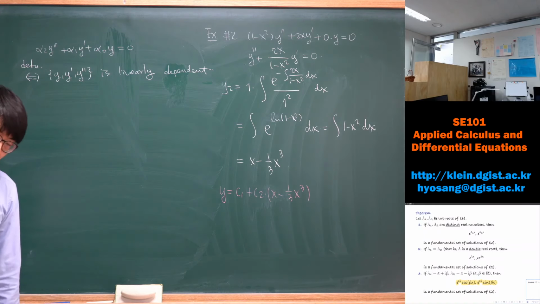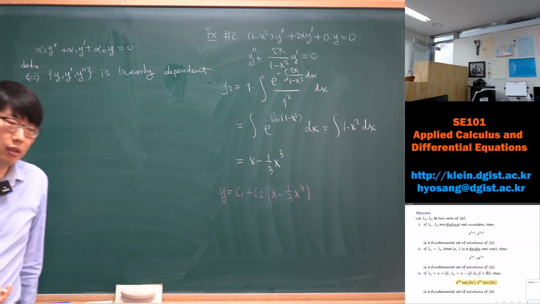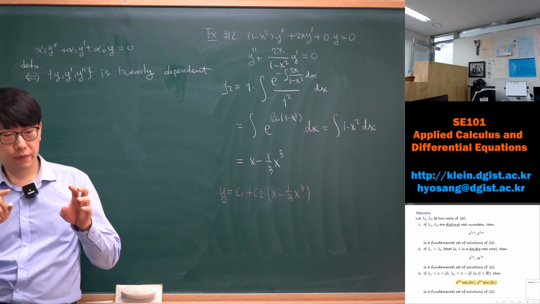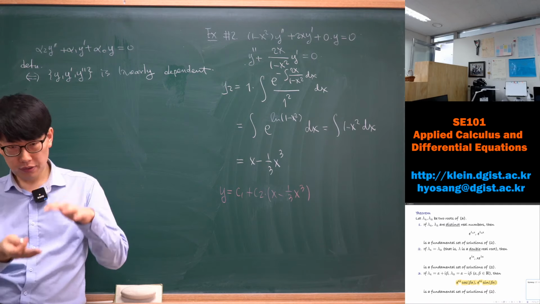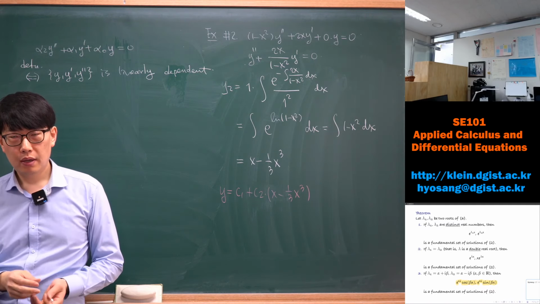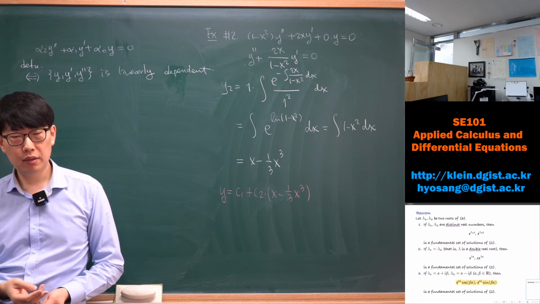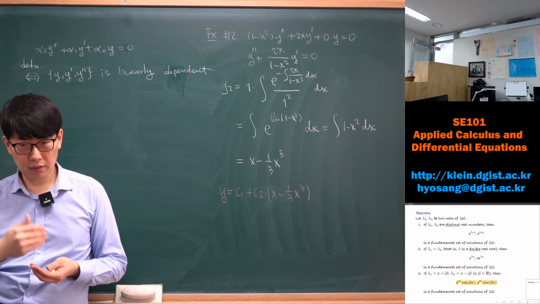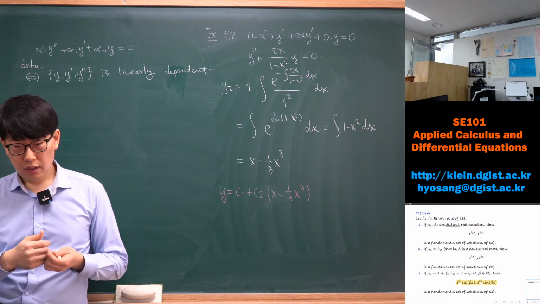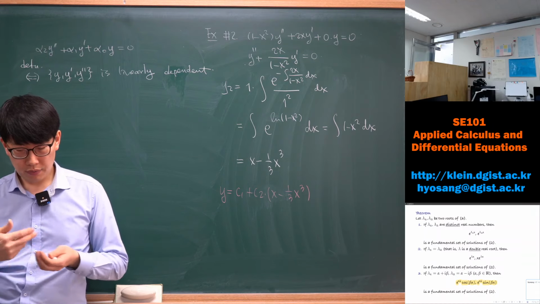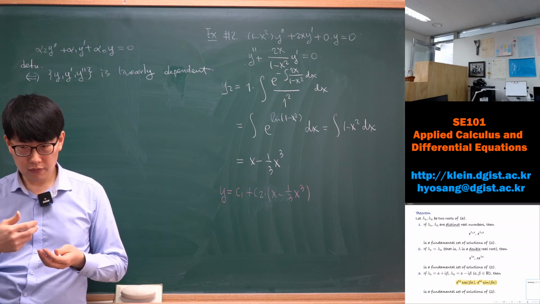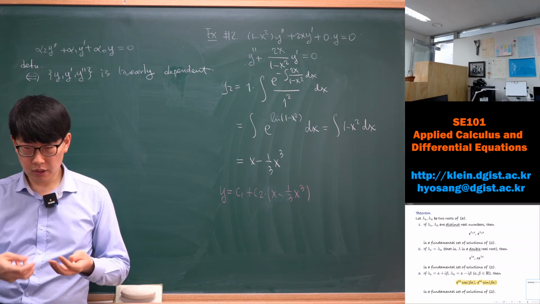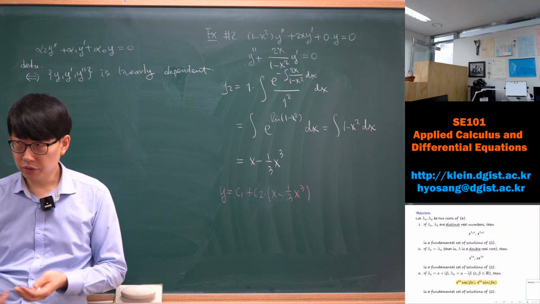And when I say the intuitive idea of linear dependency, any two functions are linearly dependent if the shape of the graph is nothing but a constant multiple of each other. If you have three functions that are linearly dependent, then you can generalize this intuitive idea such that the shape of the graph of each function is a sum of constant multiples of the other functions.